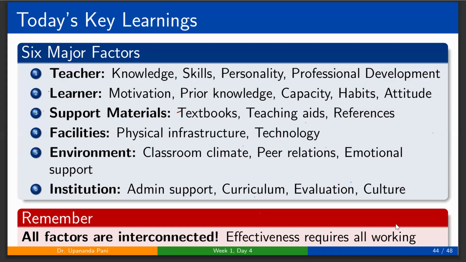Learner should have motivation, prior knowledge, capacity, habits, attitude. Support material: textbook, teaching aid, references. Facilities: physical infrastructure, technology. Environment: classroom climate, peer relation, emotional support. Institution gives admin support, curriculum, evaluation, culture. Remember, all factors are interconnected, so effectiveness requires all working together.